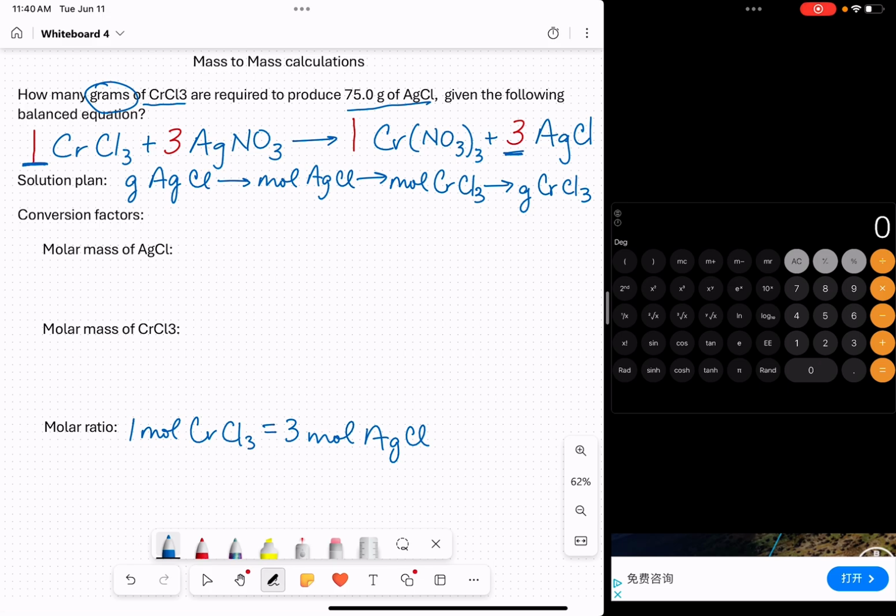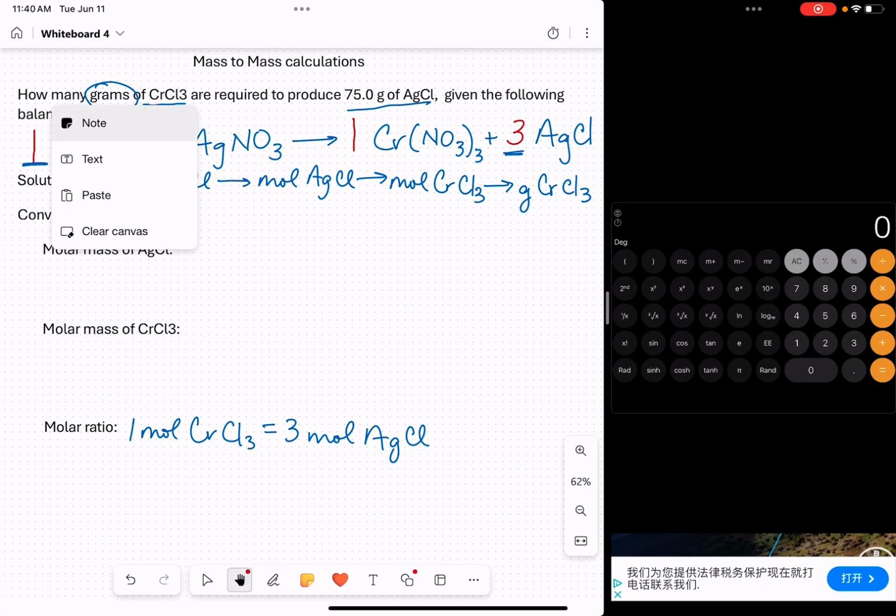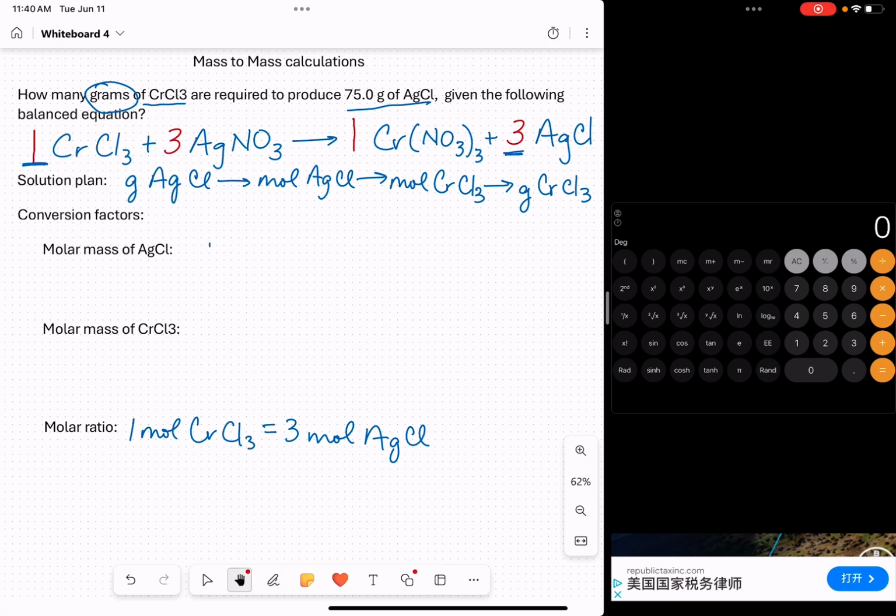So before we can do any of that, we have to finish our conversion factors and figure out what those are. So we are going to start with silver chloride.